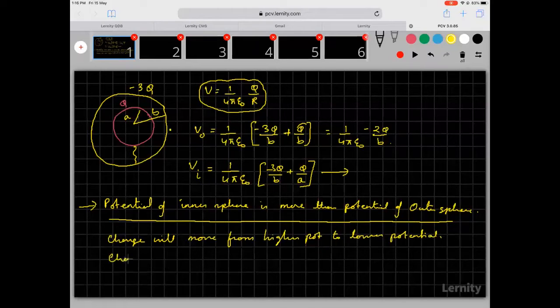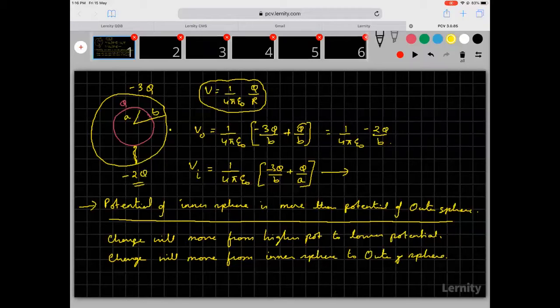So charge will move from the inner sphere to the outer sphere. So if you connect them, this charge will move from here to here, and the charge on the outer sphere will become minus 2Q.